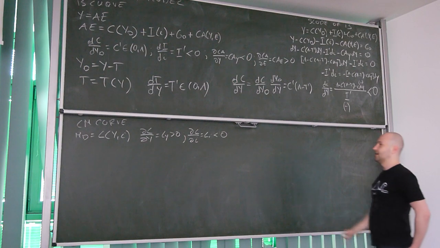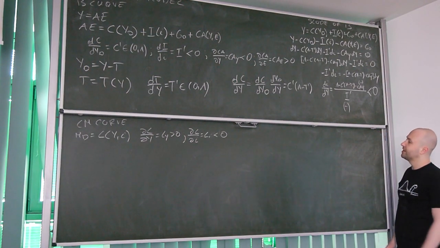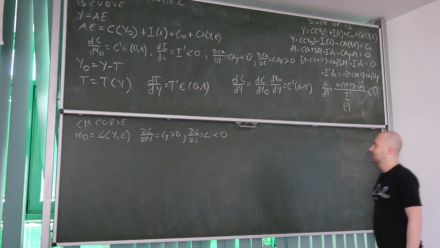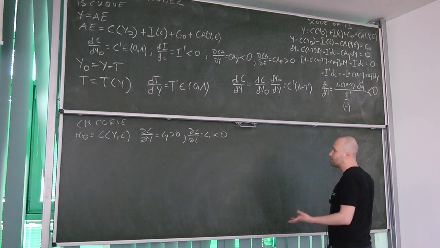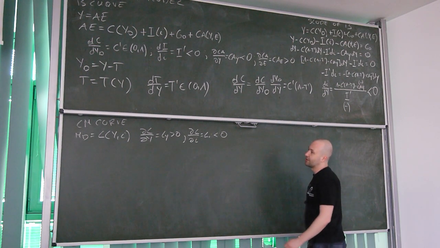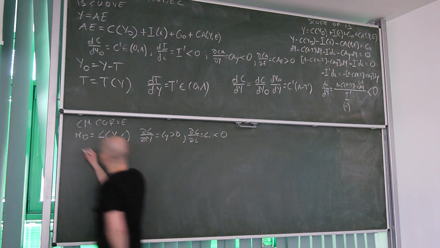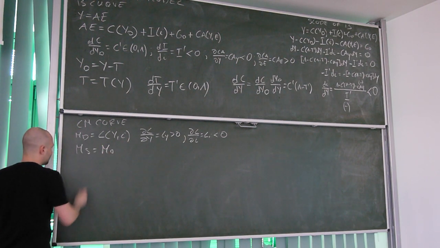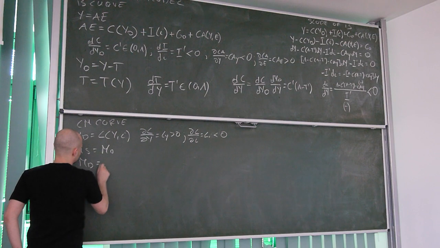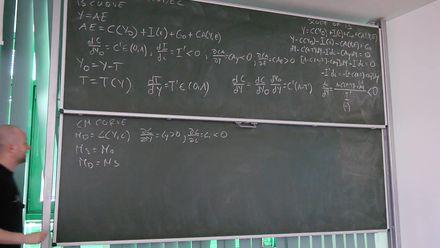So the higher the income, the more money we need; the higher the interest rate, the higher is the opportunity cost of holding money, so the lower the money demand. Then, money supply is given exogenously by the central bank, and the equilibrium condition is money demand equals money supply.